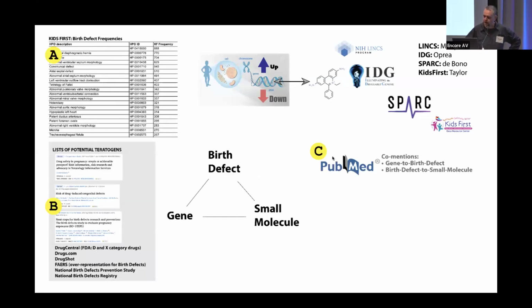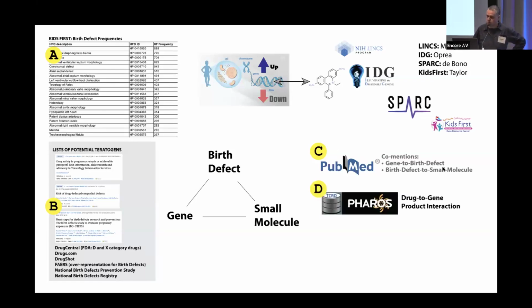And then we harvested PubMed using natural language processing to find overrepresentation of co-mentions for gene and birth defects and birth defects to small molecules. We also leveraged the combination of TCRD and Pharos to get associations between drug and gene product interactions.